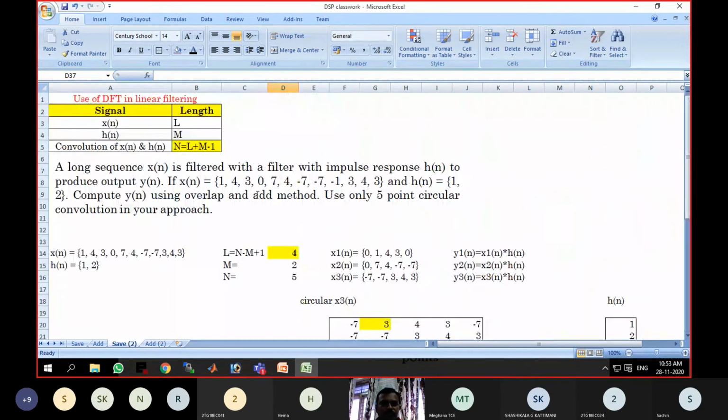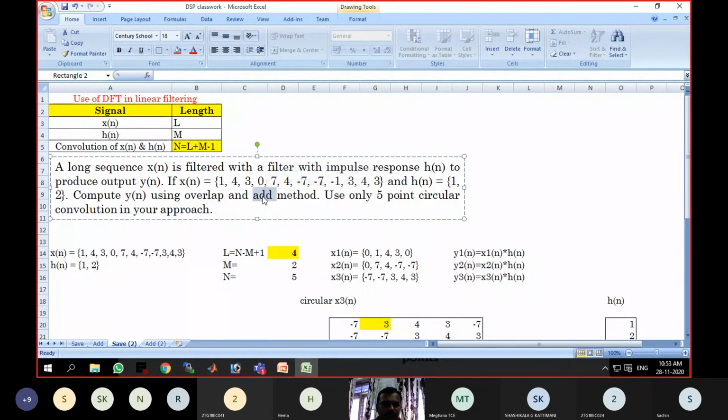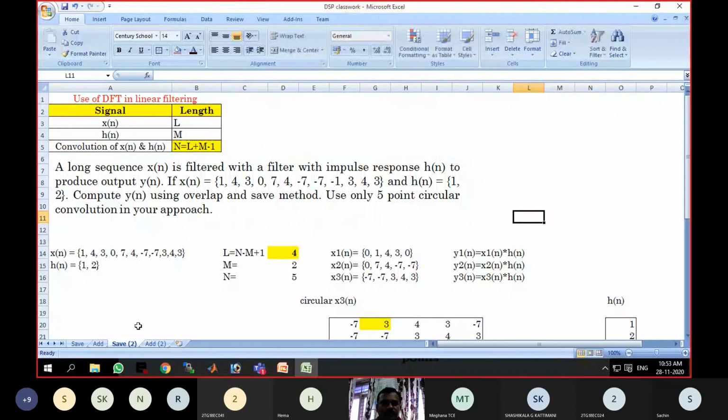I think I have not changed here. Let me change this one as save method. Okay. So if I go for add method, same concept. So here once again, a long sequence x of n is given, and h of n is having two values, 1, 2, and the length. They are asking about 5-point circular convolution. So go for N is equal to 5 and M is 2, and the total length of L is 4.